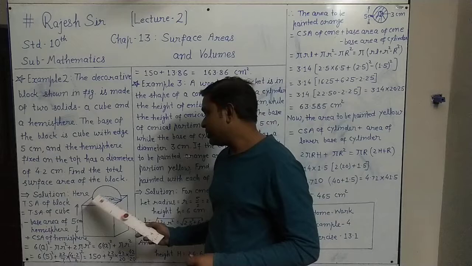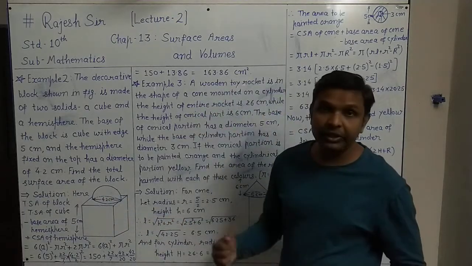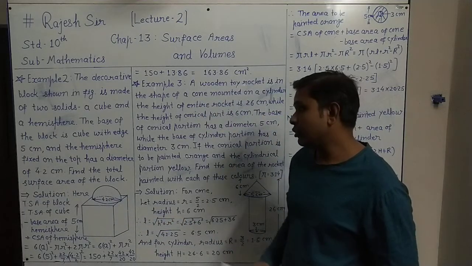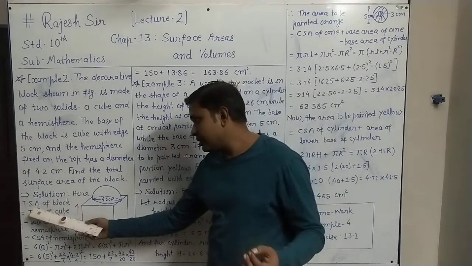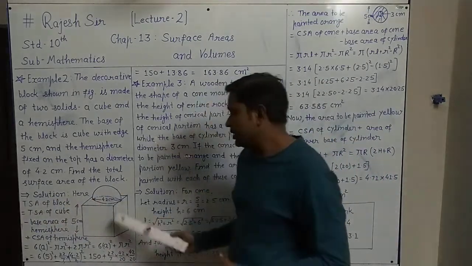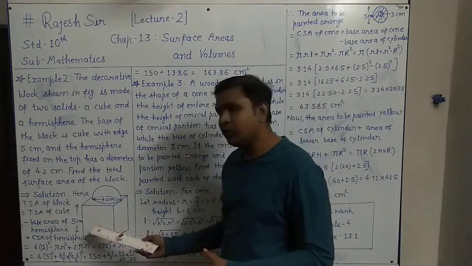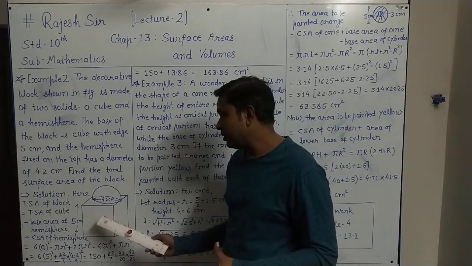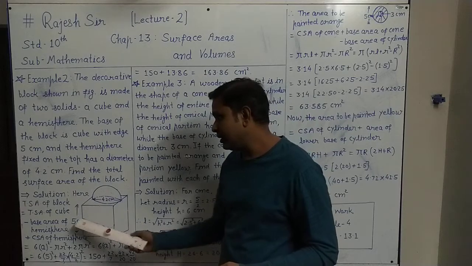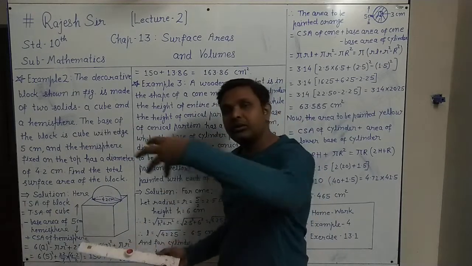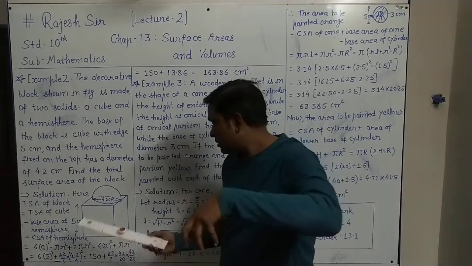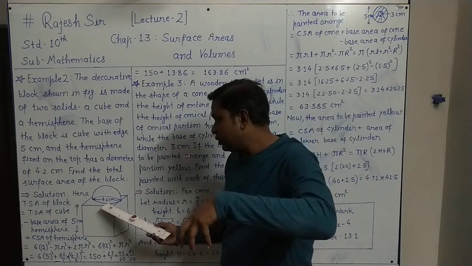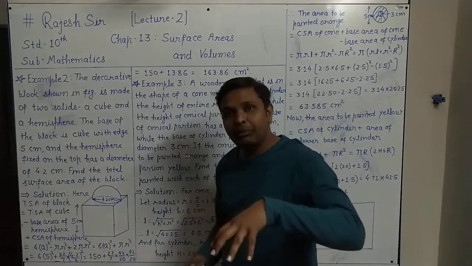Find the total surface area of the block. Total surface area we need to find here. How to find? Let's see. The solution: the TSA, total surface area of the block, is equal to TSA of cube first. Total surface area of cube we have to find. From that, the hemispherical top is on one of the faces of the cube, so we have to subtract that part.